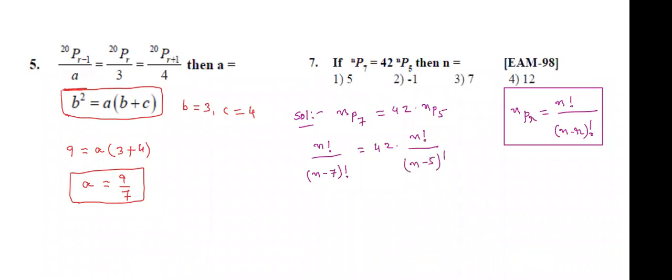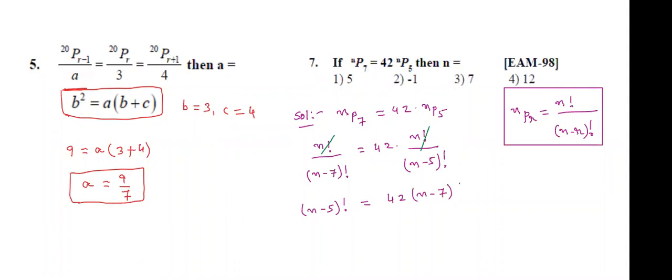Students, observe that a term is going to cancel. Yes, n factorial is cancelled. Now take the cross multiplication. Here we get n minus 5 factorial, that is equal to 42 into n minus 7 factorial.